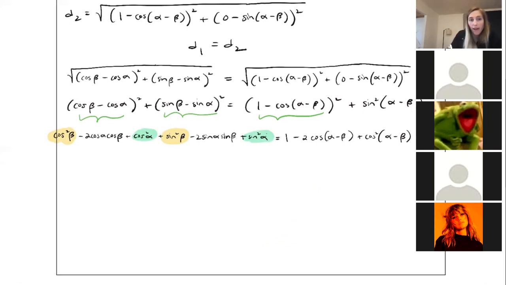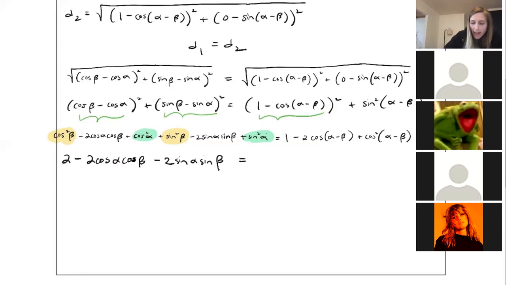That would also simplify to 1. So then that gives us 2, right? Because 1 plus 1 is 2, minus 2 cosine alpha cosine beta minus 2 sine alpha sine beta.